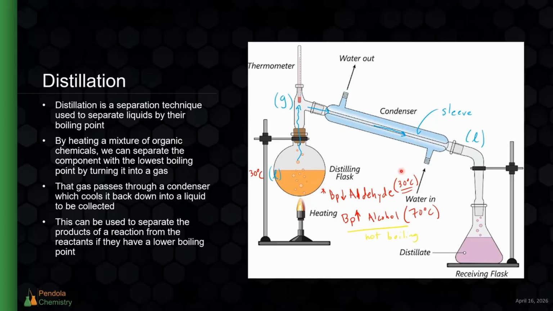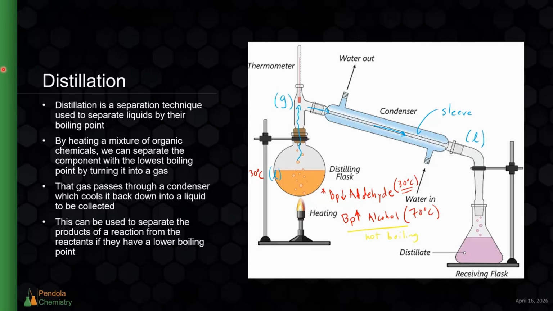As soon as this aldehyde is made, we evaporate it, so it cannot further react into a carboxylic acid. So the process of distillation here can be used to separate that aldehyde from the reaction mixture so the carboxylic acid never gets created. This is used for a number of other purposes as well, but this is one of the most useful uses for distillation.